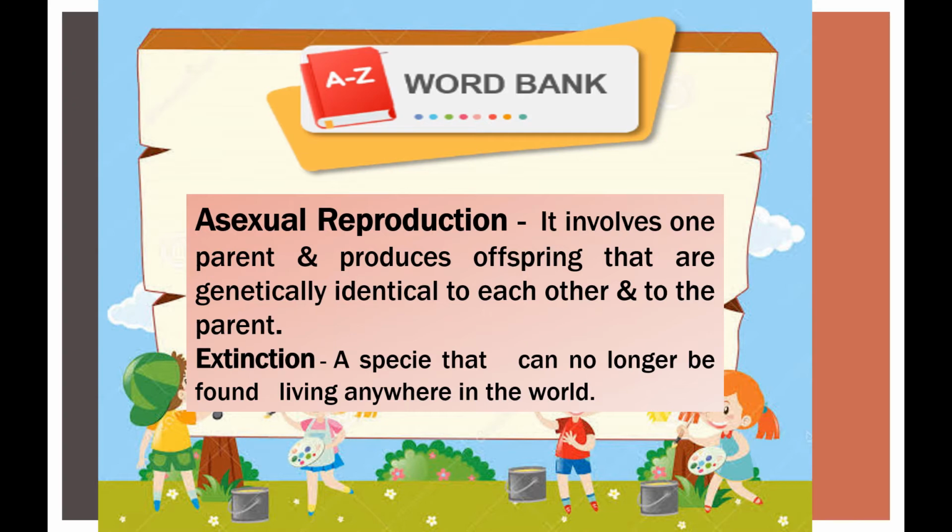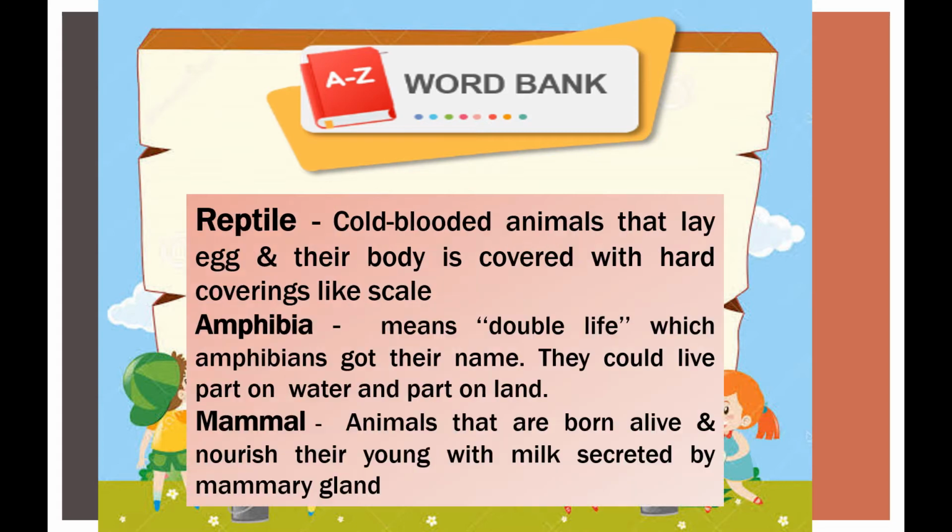Extinction, a species that can no longer be found living anywhere in the world. Reptile, they are cold-blooded animals that lay eggs and their body is covered with hard coverings like scale.